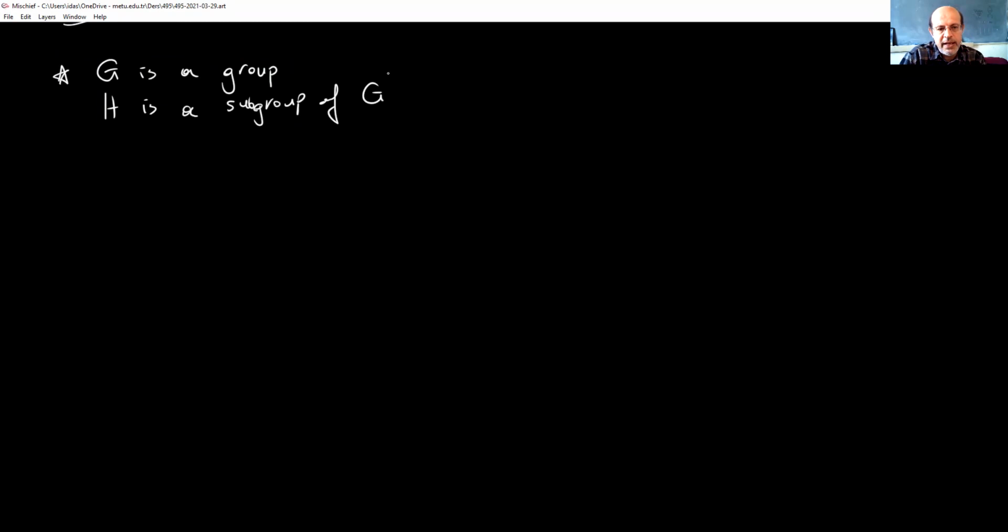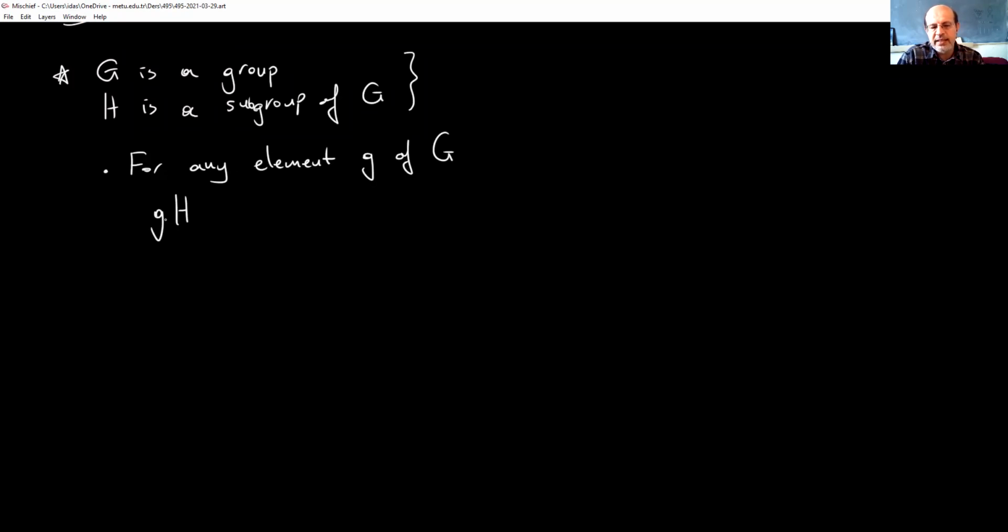So in any case, this is the definition. Let's say it like this. For any element G of the full group, we consider this product in here. So let's just remember the product of an element with a set.